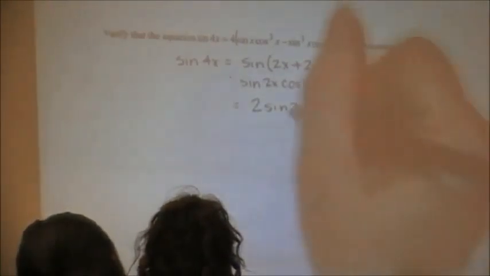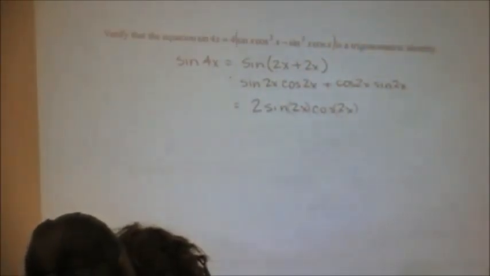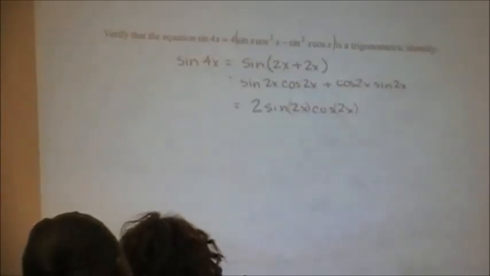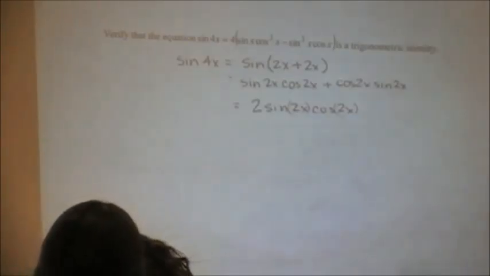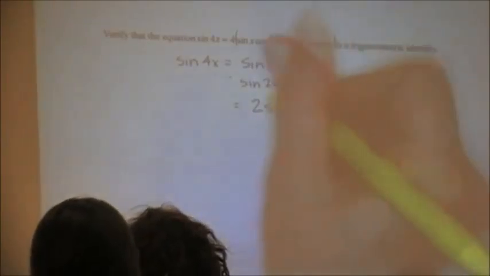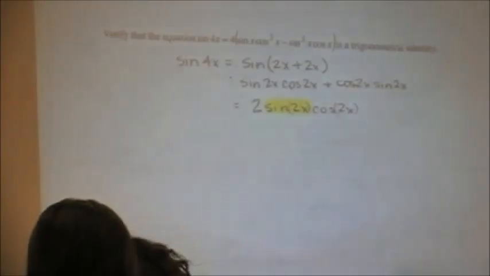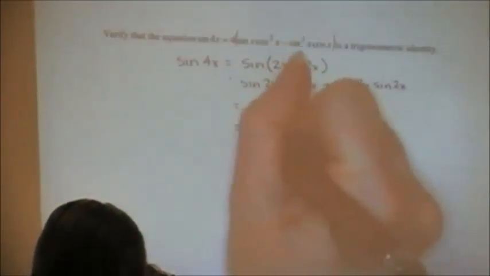Now, if it helps you to keep it straight, you can put parentheses on the arguments that go with your trig functions. Okay, so now 2x is a double angle. So I'm gonna do sine first because that's the easy one. The 2 is just a coefficient in front, so I'm gonna leave the 2.